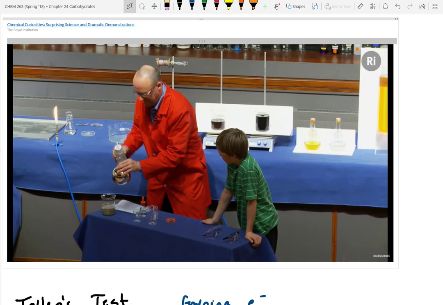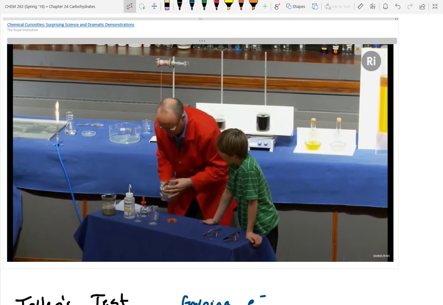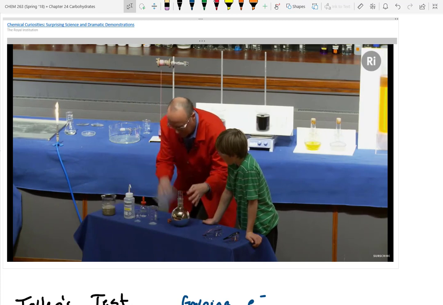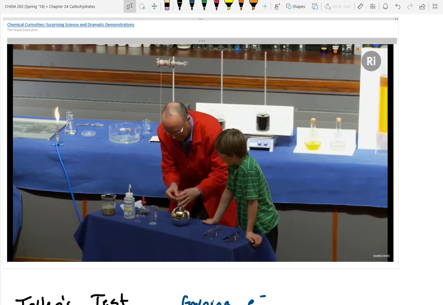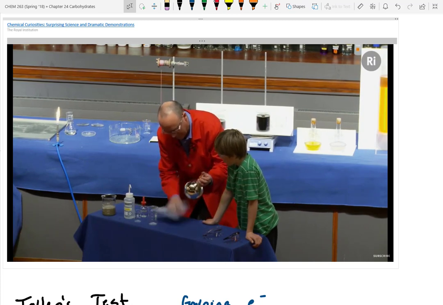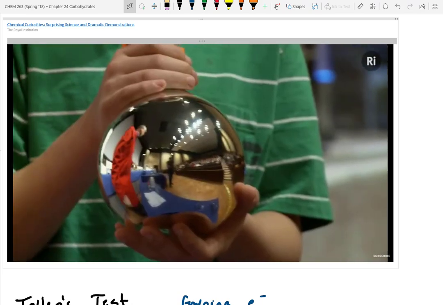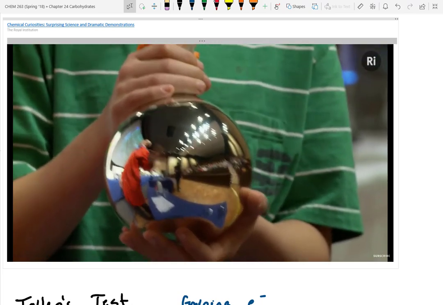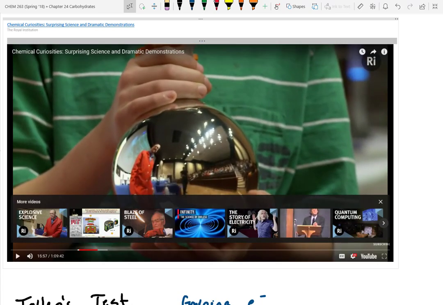Rinse it a third time. There we go. Dry this off, and if you want, give it a little polish. If you'd like to hold it up by the neck, that's it. If you bring a camera in and have a look at this, we've got a lovely silver mirror. There we go. All right, so that's the Tollens test.